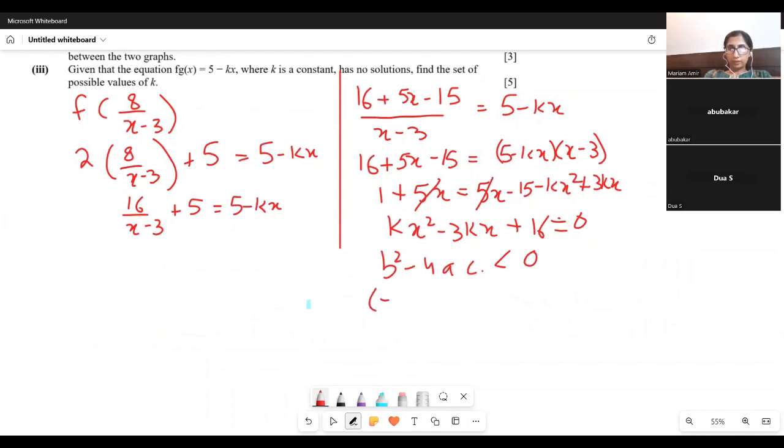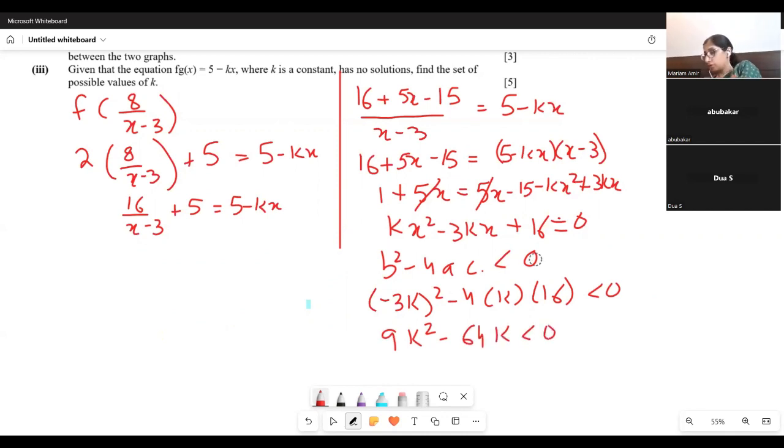So minus 3k whole square minus 4ac is less than 0 gives 9k square minus 64k less than 0. Yes. Okay. I'm going to ignore that it's an inequality and solve it like a simple equality.